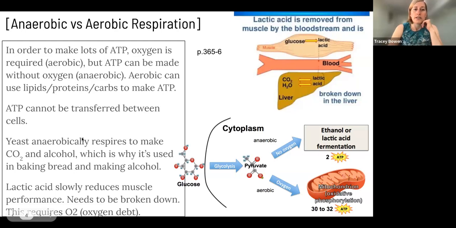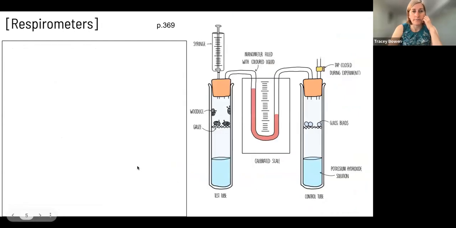With yeast anaerobically respiring, if you're making bread, the carbon dioxide helps to fluff the bread product so that it's fluffy when it's baked, and then the alcohol will just evaporate when the baking process is occurring. If you were making beer, for example, yeast would be used to make the beer fizzy. That's where the carbon dioxide is coming in, and then also generate alcohol.